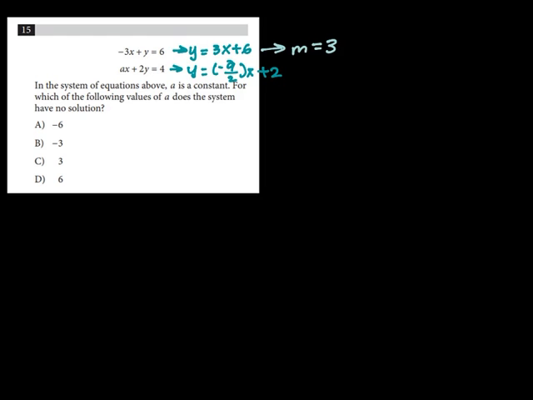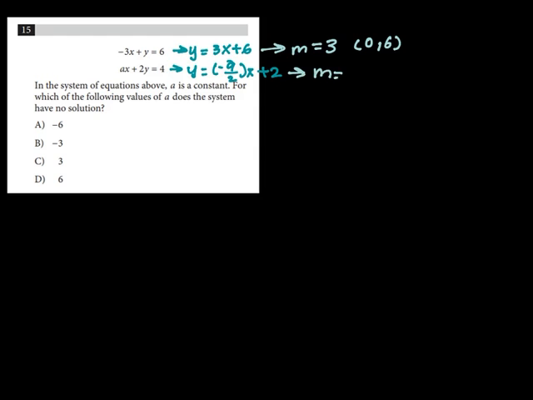So from that we know that the slope is 3 here, and the y-intercept would be 0, 6, and we know that because the form is y equals mx plus b, where m is the slope and b is the y-intercept.